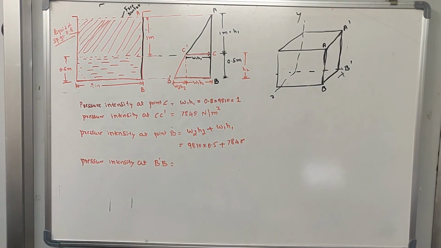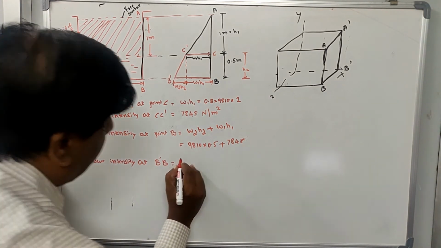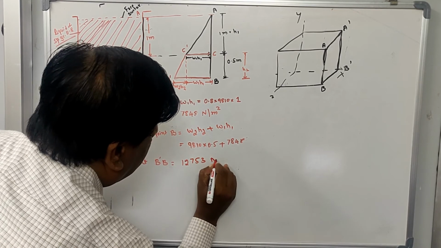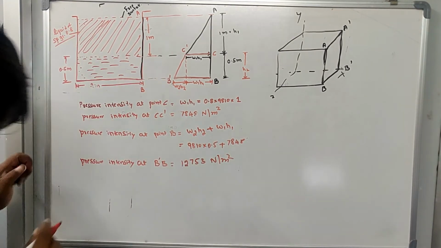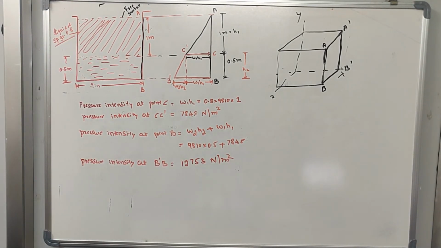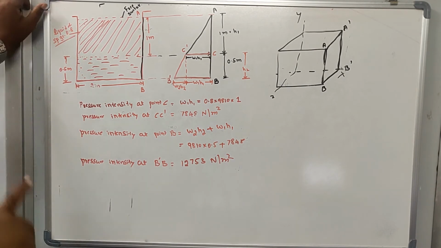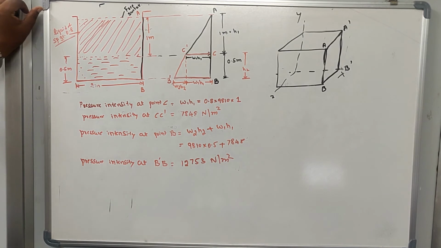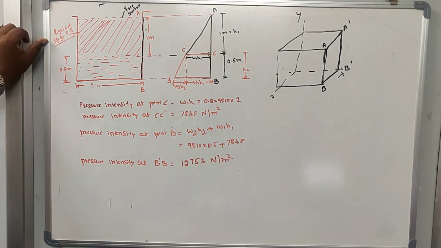Okay, this is 12753 Newton per meter square. Now the pressure intensity at C dash we know, and the pressure intensity at point B dash we also know.